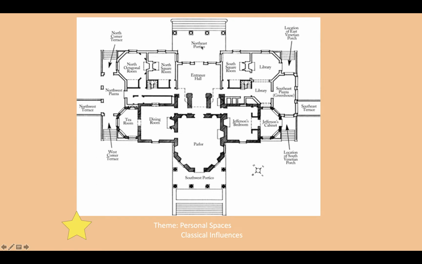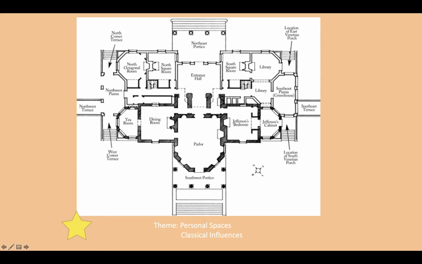Here we have a portico. Here we have a portico with the parlor that sticks out. Bedroom, dining room, tea room, cabinet, library. This is the orthogonal room because it keeps that shape. This one squares off. That's why this is square and this is orthogonal. But it's pretty symmetrical.